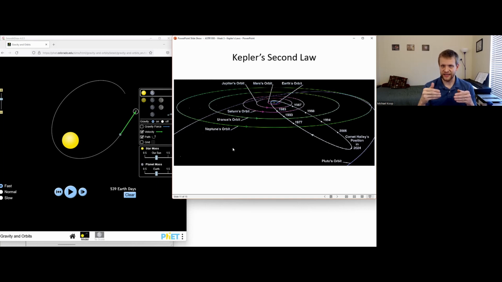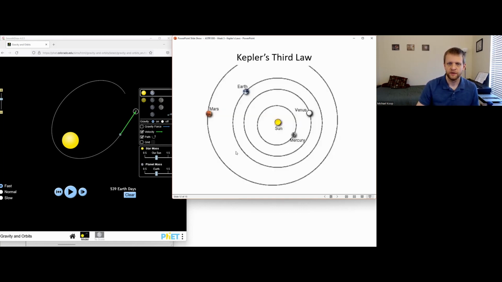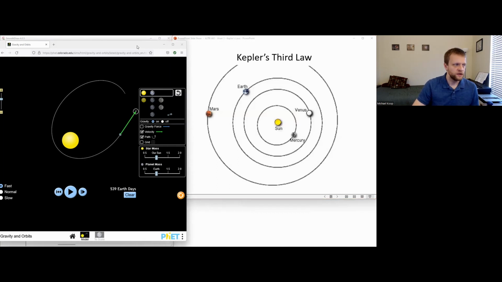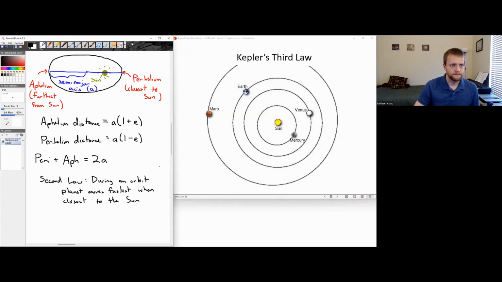Again, this is a demonstration of Kepler's second law of planetary motion. Basically, if you have a planet with an elliptical orbit, at the points where it is closer to the sun, that's where the object is going to be moving much faster. So that's Kepler's second law.